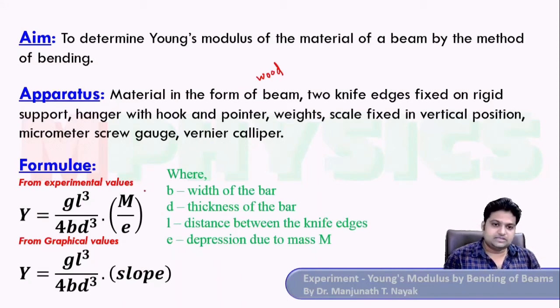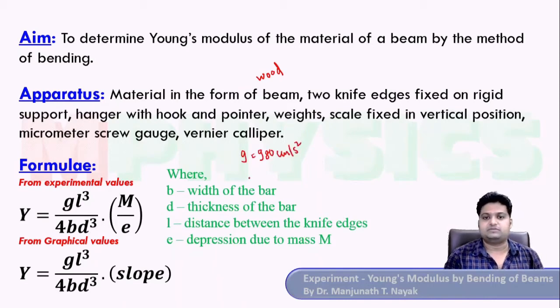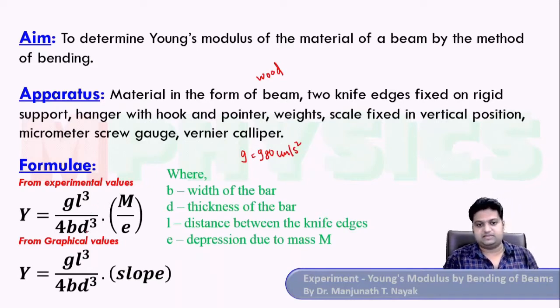These are two very important formulas that you will have to remember. Young's modulus is equal to an expression in terms of acceleration due to gravity. We are dealing in centimeters, so acceleration due to gravity g will be equal to 980 centimeters per second square. Otherwise it is 9.8 meters per second square, but we are using 980 because length, breadth and depth will all be in centimeters, and weights are also in grams.